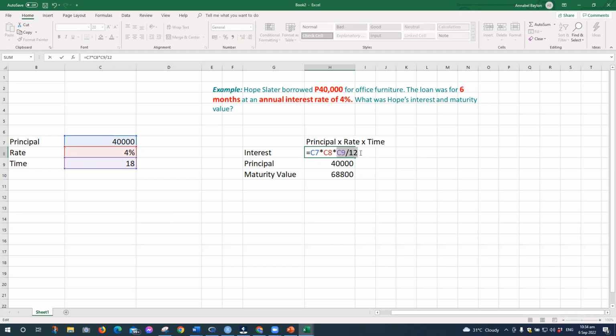So C9, which is 18 months, divided by 12. All right, so that's 1.5. That's 1.5 years. Multiply that by the principal and the rate. So that's 2,400.